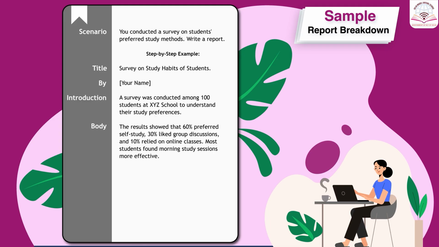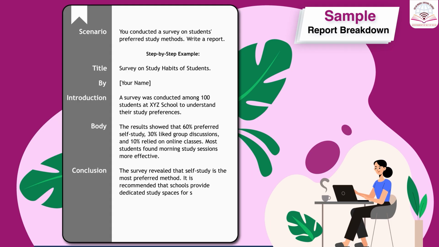And then comes the conclusion part, where you can write: the survey revealed that self-study is the most preferred method. It is recommended that schools provide dedicated study spaces for students. To support your evidence, you can also use a visual like a pie chart displaying survey results.